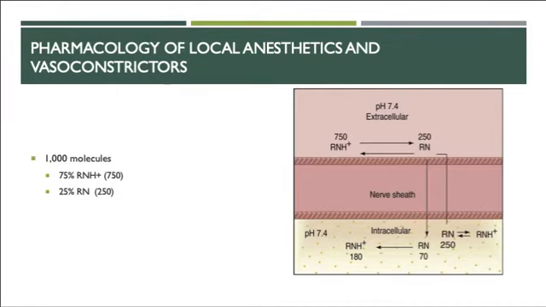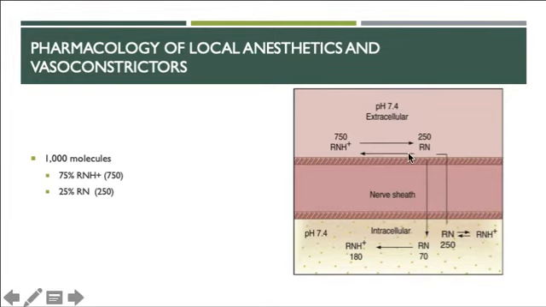Now, of all of these molecules, all of the 250 RN or free base form molecules will diffuse through the nerve sheath and into the nerve cell. And when this happens, the equilibrium that once existed outside the nerve cell now has been disrupted. Those 750 cations now have to find a new equilibrium, which remember is determined by the pH of the tissue.